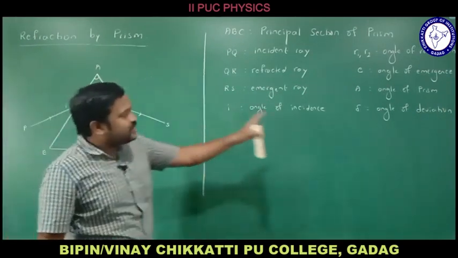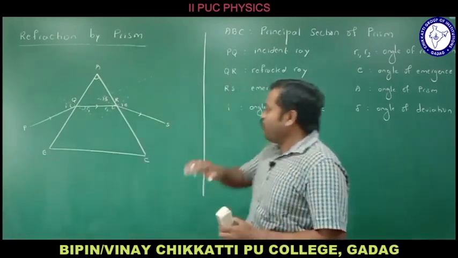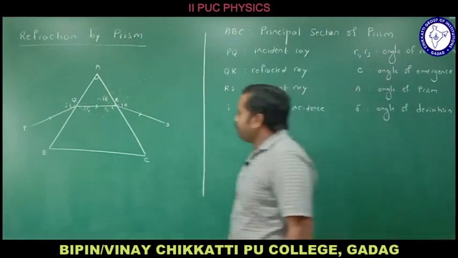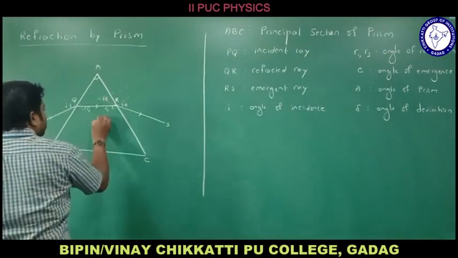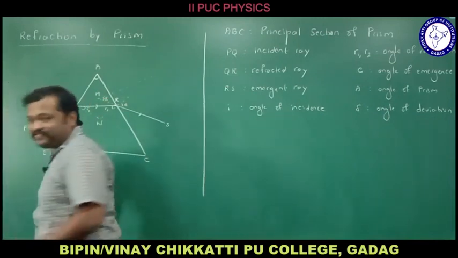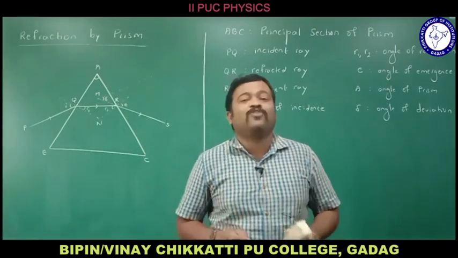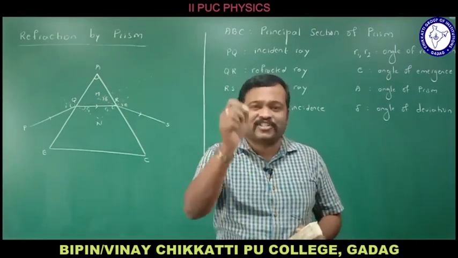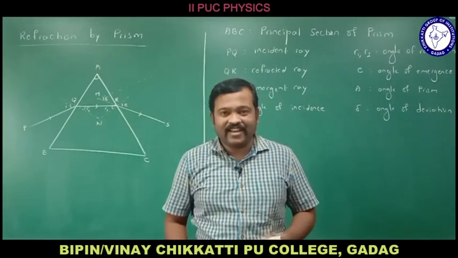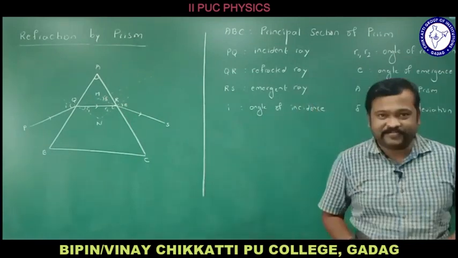Now we have seen what we have drawn here. Let me name this as M and let me call the other as N. Now I will be calculating the refractive index of the material of the prism. Let us start with the mathematical equations.